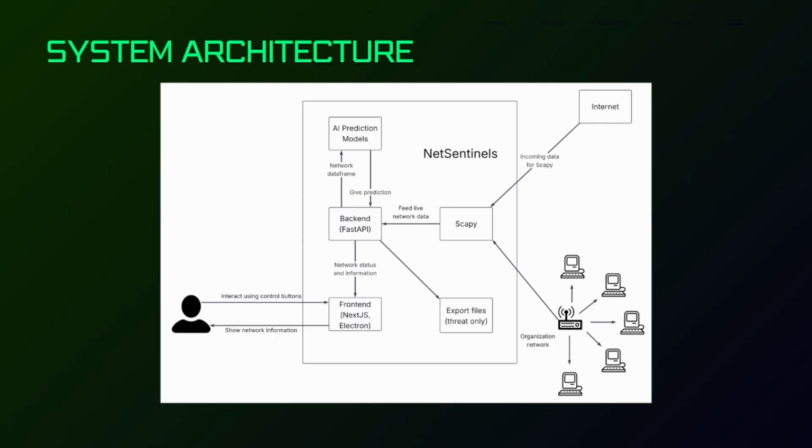The backend has two main jobs. First, it coordinates with our AI prediction model, which uses a two-stage machine learning pipeline to classify traffic as normal or potential threat. Second, it serves this processed data and prediction results to the user interface through REST and WebSocket endpoints. Exporting threat data is done automatically from the backend.